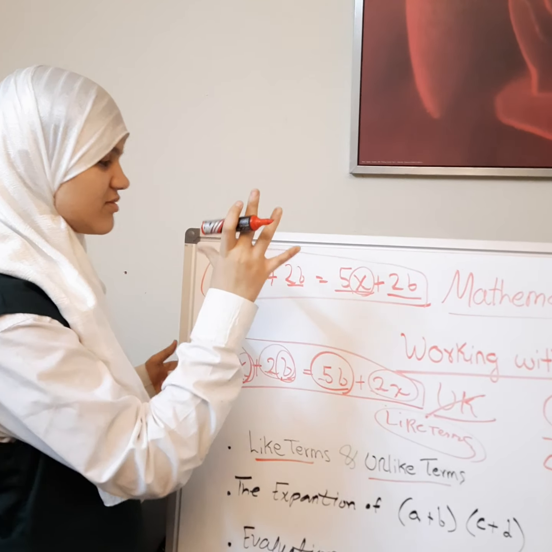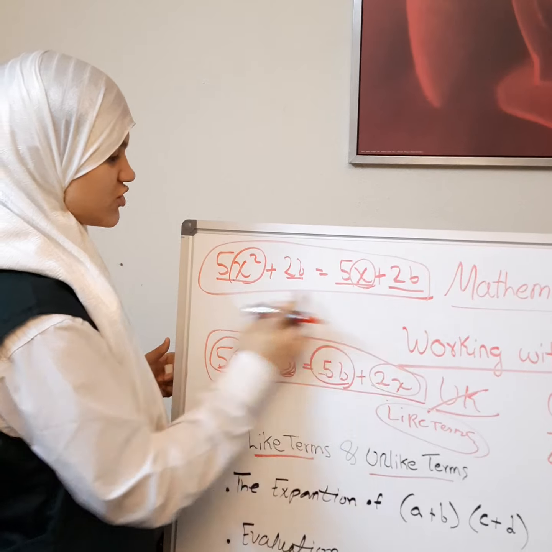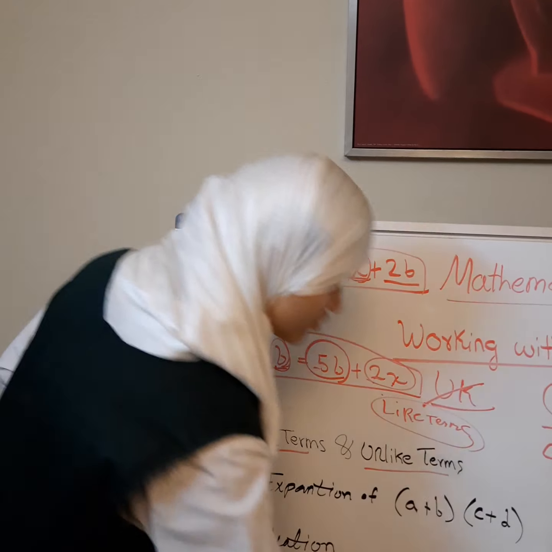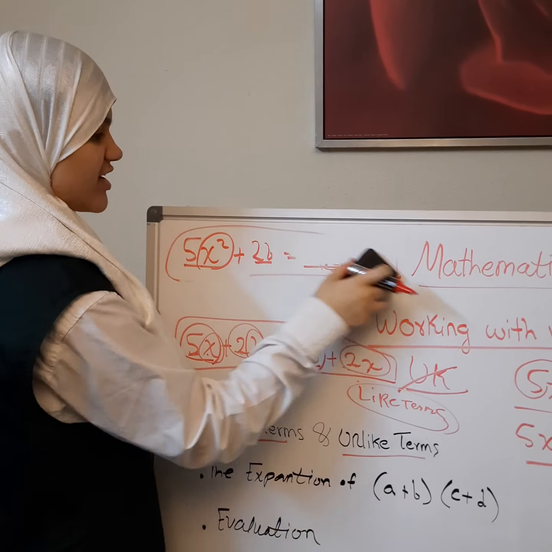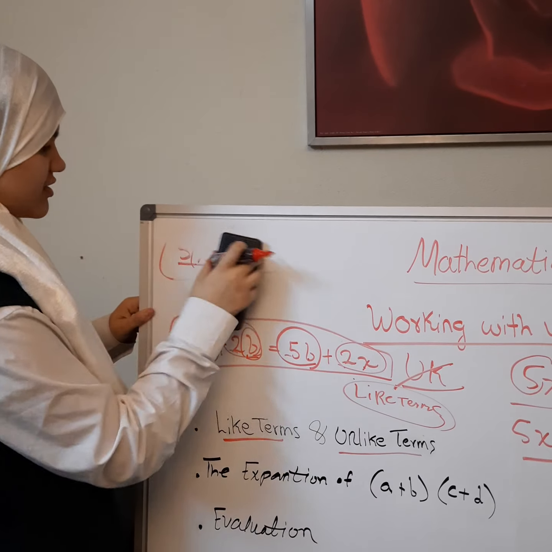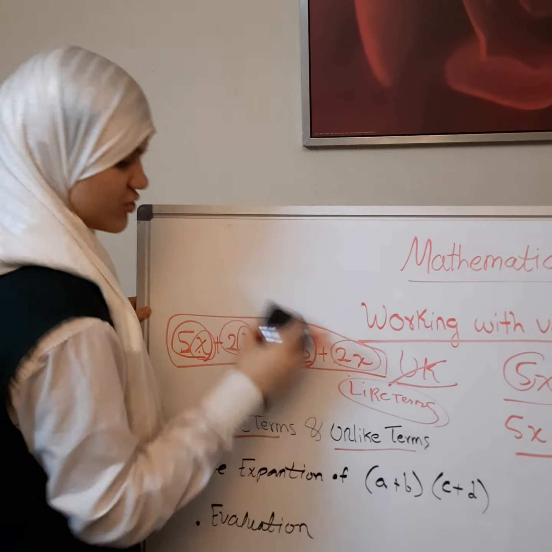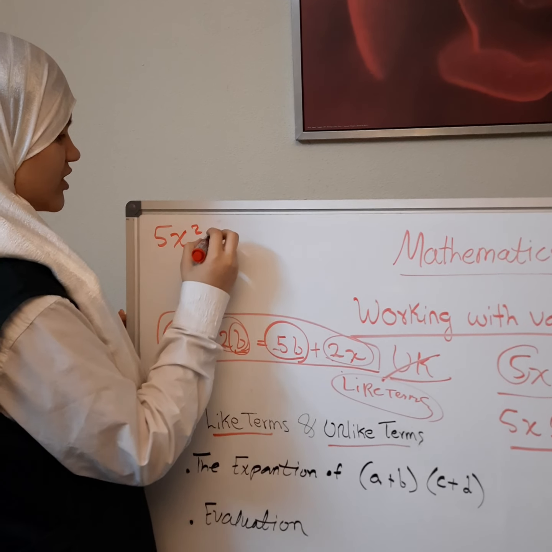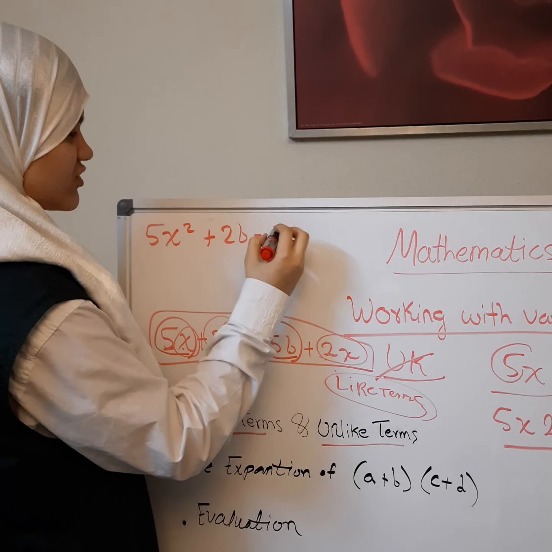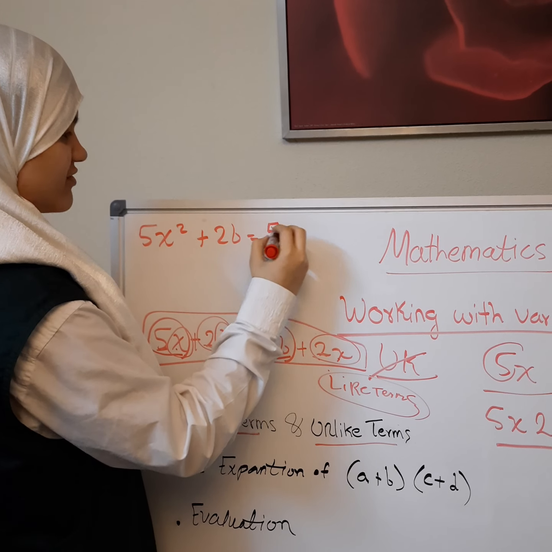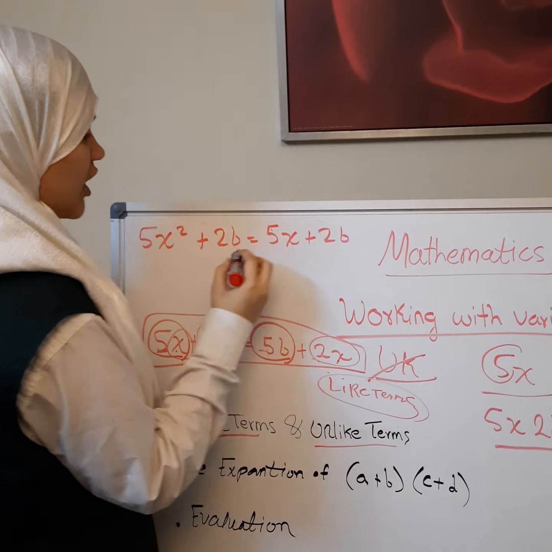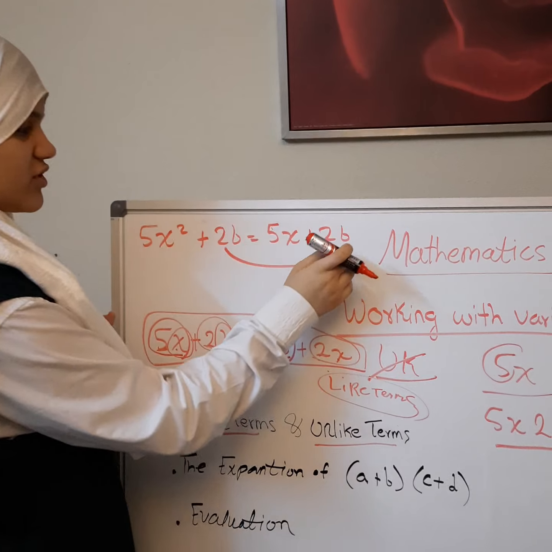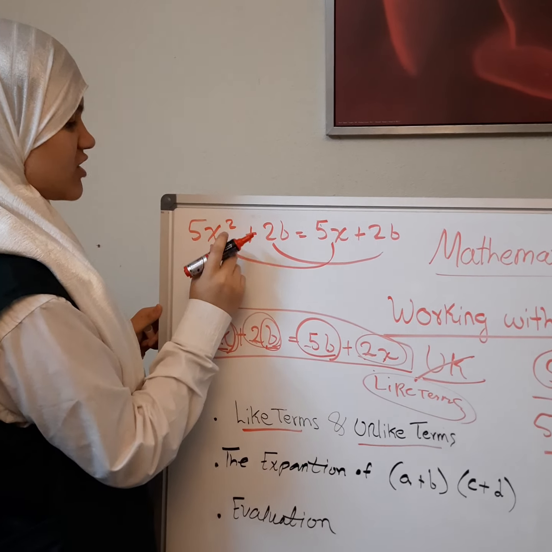Now, if you want to solve 5x squared plus 2b is equal to 5x plus 2b, we will collect the variables together. We shift 2b to the other side and bring 5x to the other side.